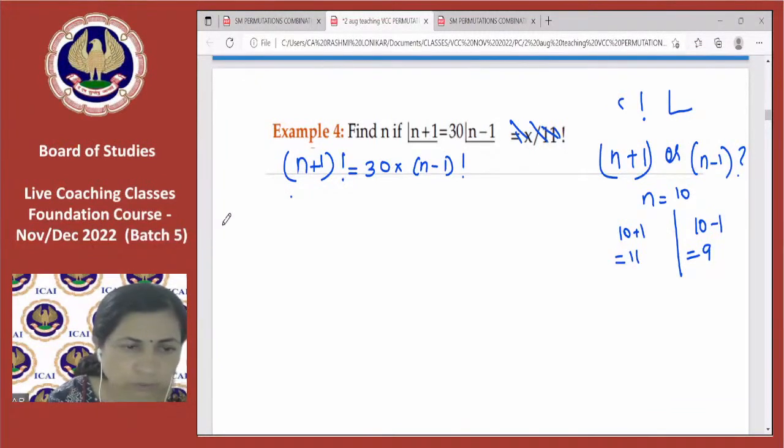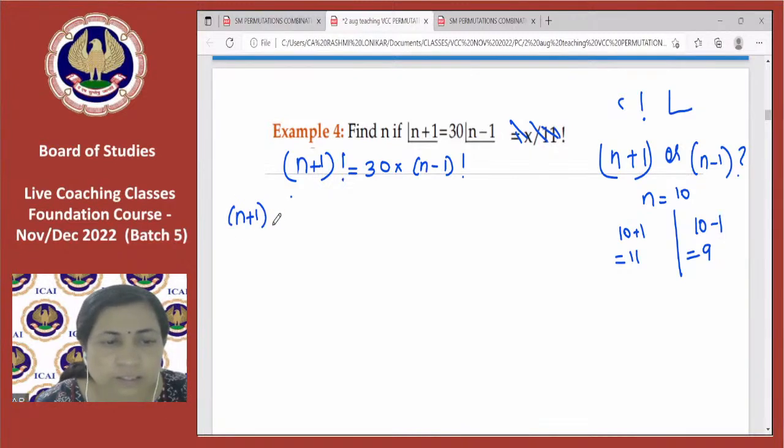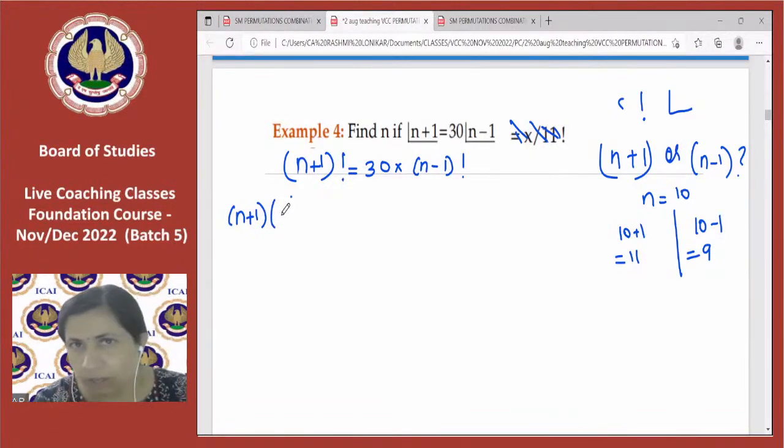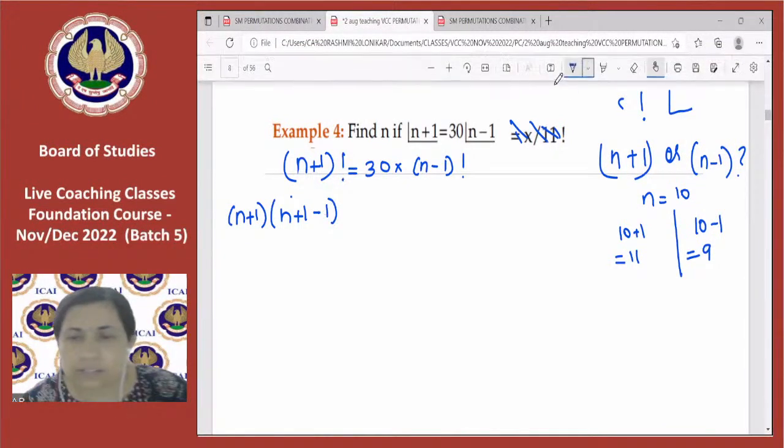So what I do over here is, n plus 1 factorial, I will write it as n plus 1. Then I will subtract 1 and go down. So this is n plus 1 minus 1. The plus 1 and minus 1 will get cancelled, so you will have n.